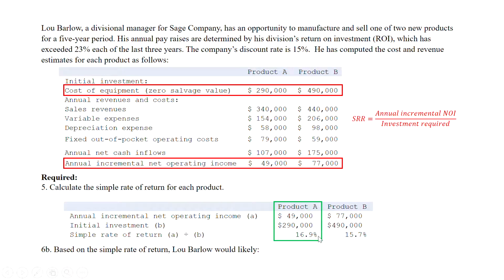On the other hand, if you remember from the chapter on ROI, the company would still want him to do it because their minimum threshold is 15% and both of these products meet this particular threshold. So he would say thumbs down even though the company would want him to do it.